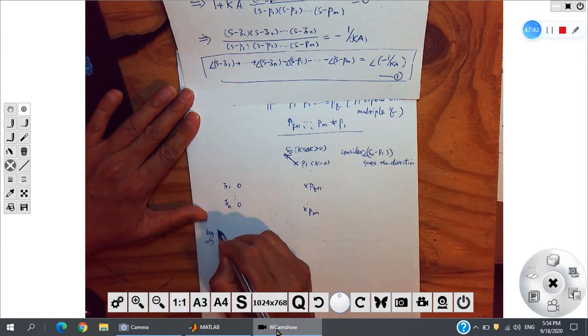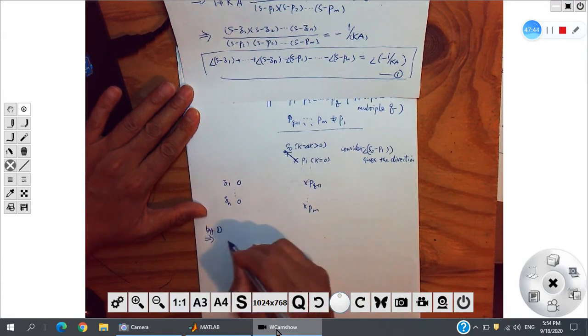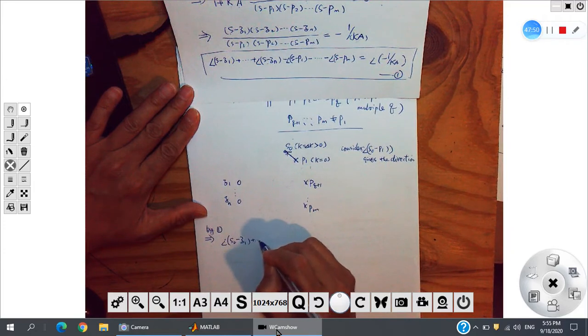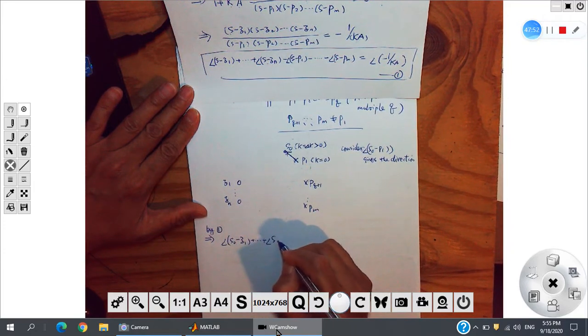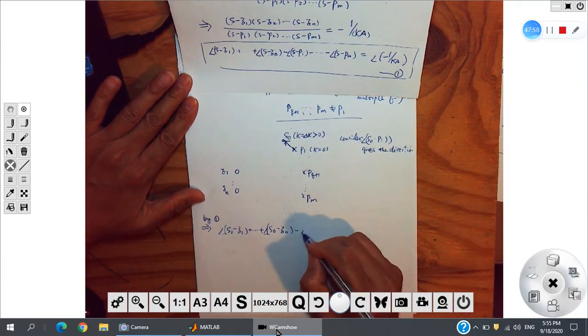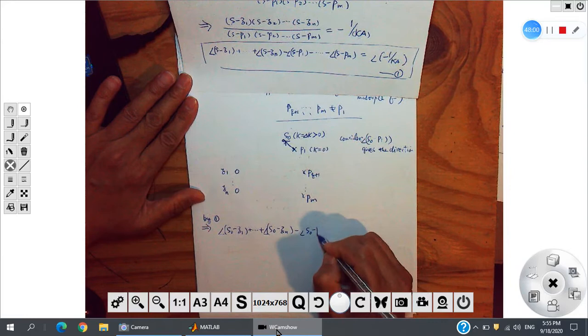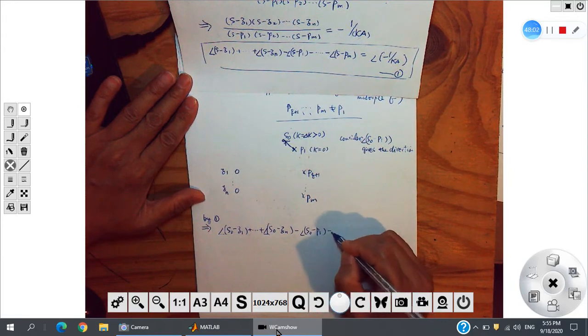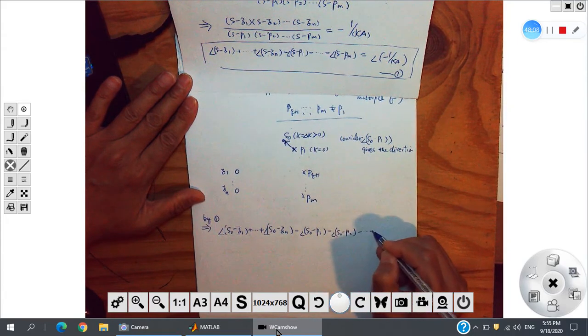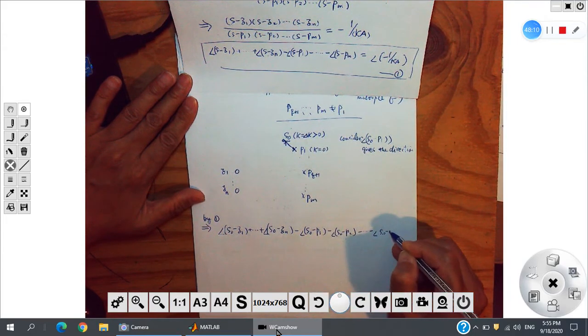By equation 1 we have the angle of S0 minus Z1 plus until S0 minus Zn, minus the angle of S0 minus P1, minus S0 minus P2, until minus S0 minus PQ.